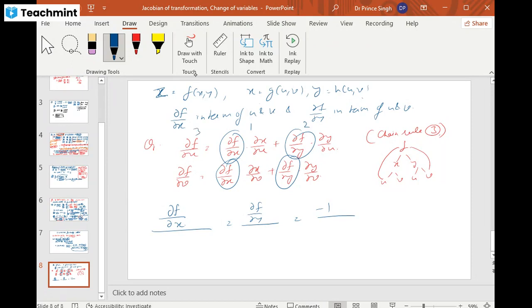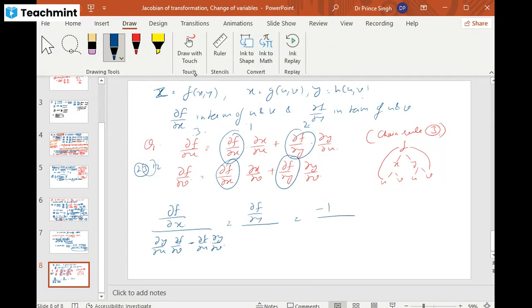Okay. So firstly, we are applying the 2, 3, 1, 2 method. Take 2, 3: this into this. So curly y upon curly u into curly f upon curly v minus curly f upon curly u into curly y upon curly v. Firstly we consider 2 and 3, then 3 and 1.